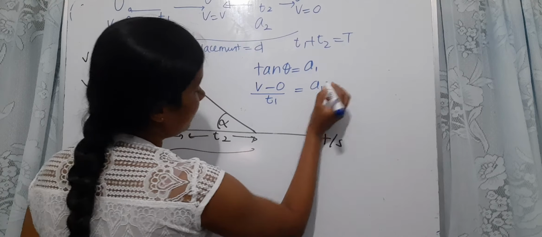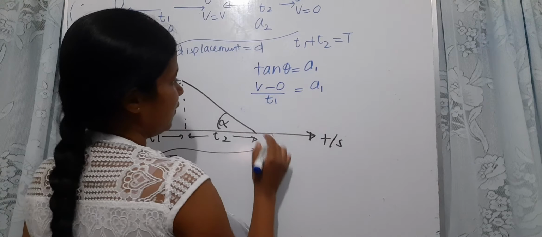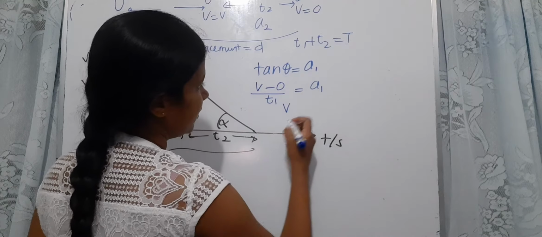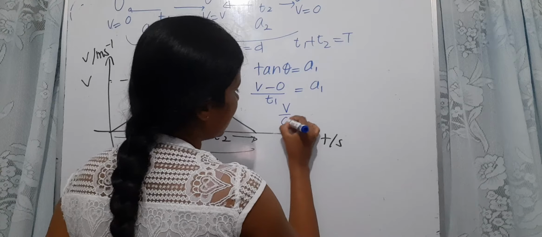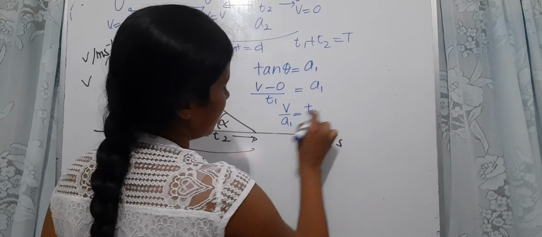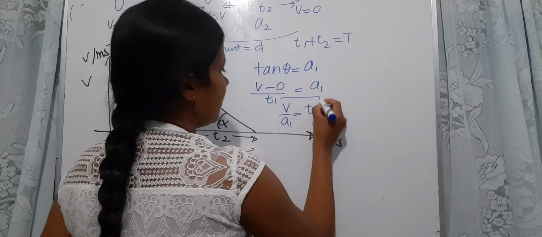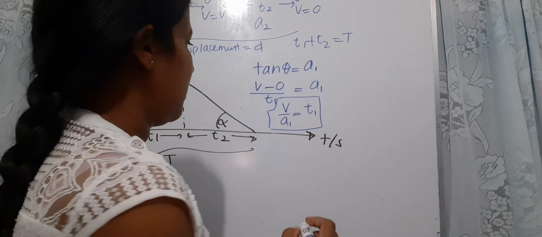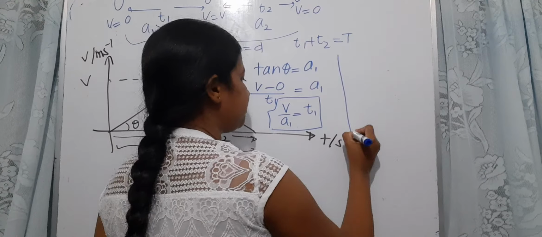This is A1. By this we can find T1 value. Therefore we can write by cross multiplying, V over A1 equals T1. This is one part.